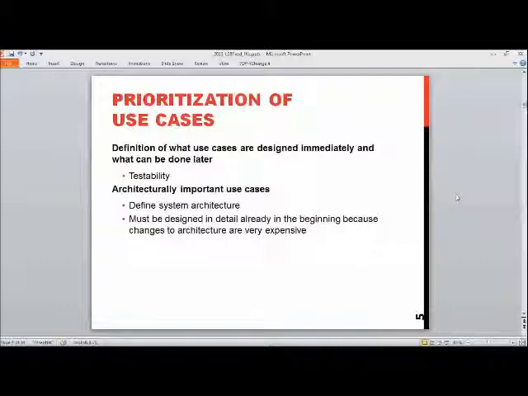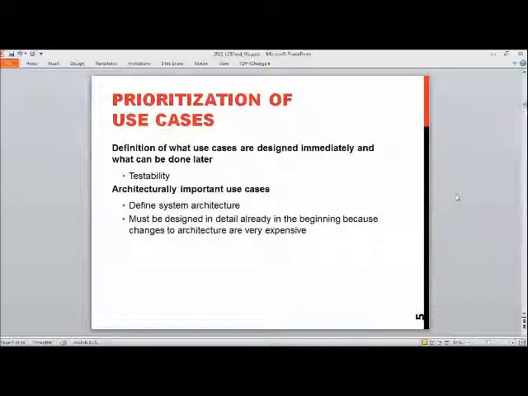So we want to have these details set, not only because the priority cases, they ensure that at least the basic functionalities exist. They also usually are related to things like the capabilities of hardware platform, or the requirements for internet connection bandwidth.